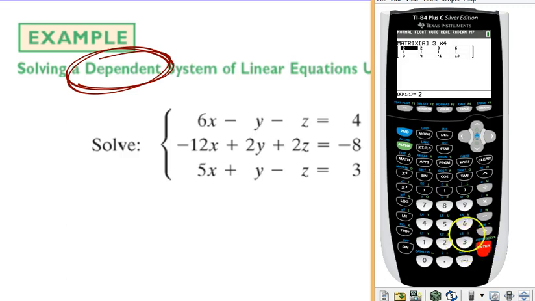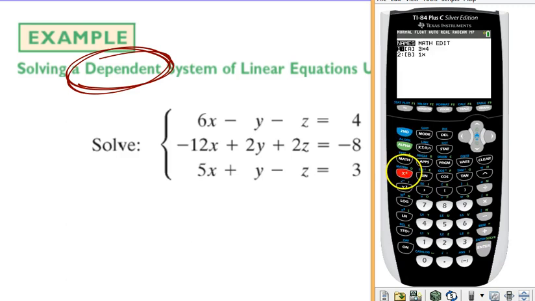I'll grab the coefficients. And I need to quit. Sometimes I forget to do that. Second matrix. Again, reduce row echelon form.